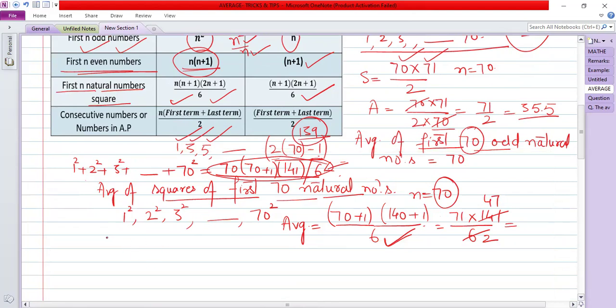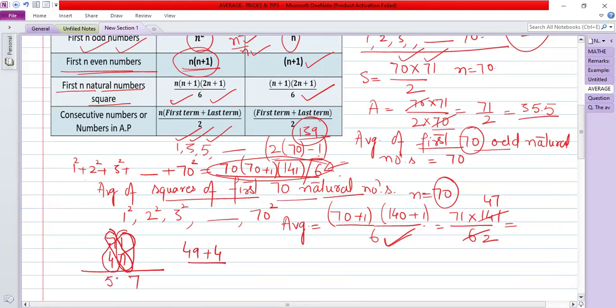Okay. Even here, 71 multiplied by 47, we can have a shortcut. If I multiply these two, 7 into 1 is 7. Then these two will be multiplied and these two will be multiplied, meaning 7 into 7, 49, plus 4 means 53.